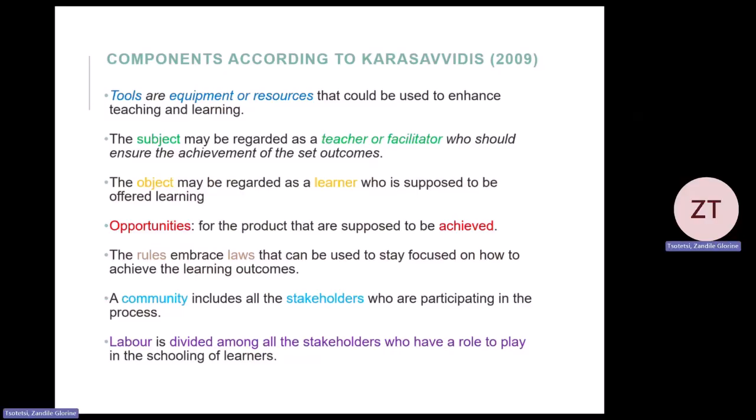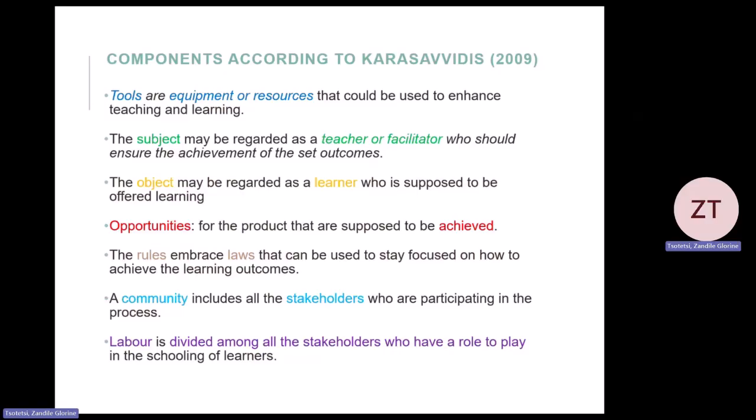Community, it's all the stakeholders that can be your ICT specialists, your government, the SMT, the departmental heads, everyone, teachers, learners, all the stakeholders that are participating in the process of changing the object to become a better person.